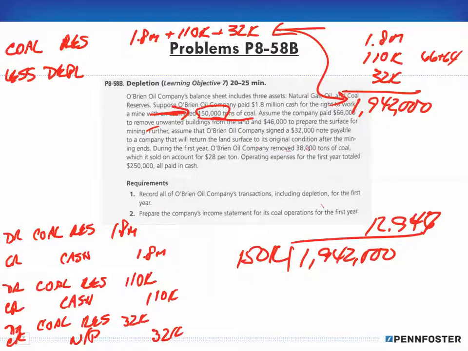And we're removing 38,000 tons. So if I have 38,000 times 12.947, we end up with, excuse me, 491,973.